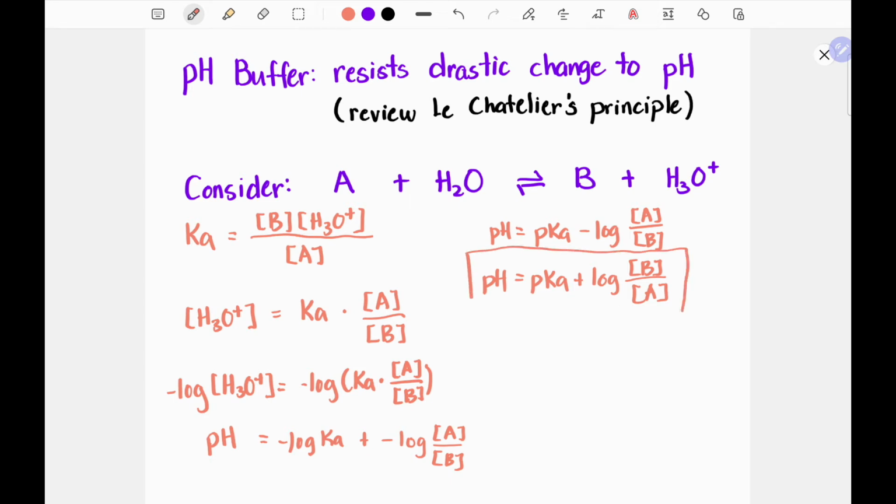This final form is called the Henderson-Hasselbalch equation.